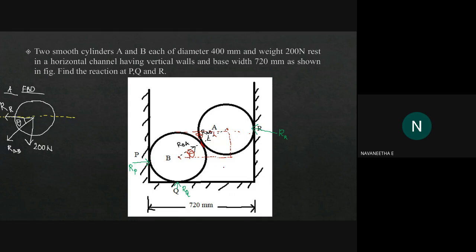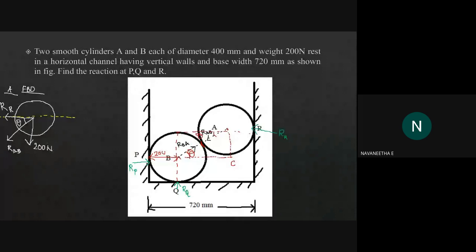If I put the variable C here, then what is BC? If we consider from P to B, what is the length PB? P to B is also the radius, that is 200.